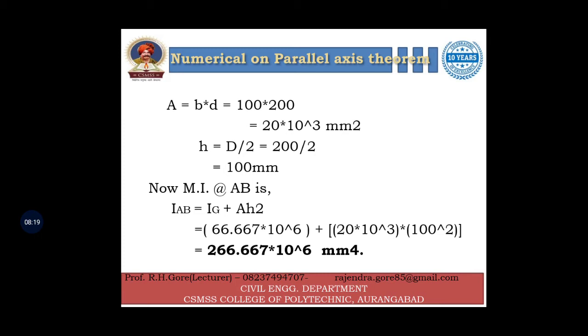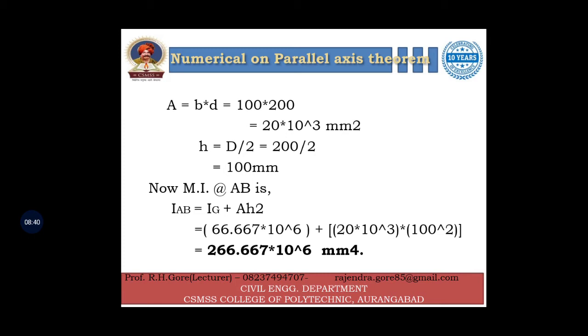Area is B into D, so 100 into 200, that is 20 into 10 to the power 3 mm square. H: for rectangular sections, distance of CG from base is D by 2. So 200 by 2 is equal to 100 mm.